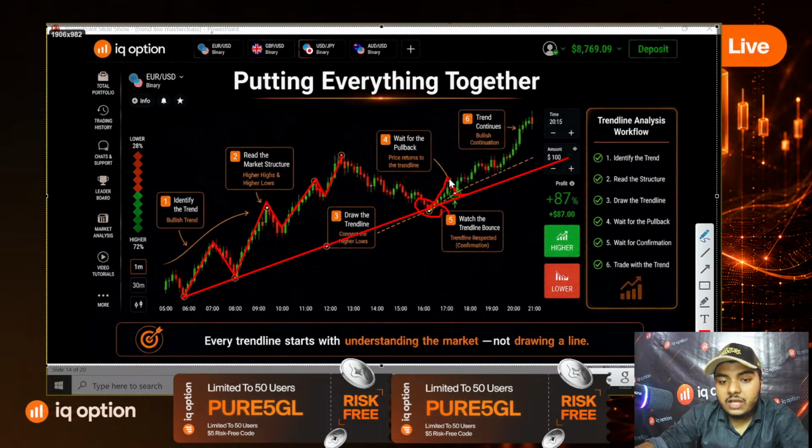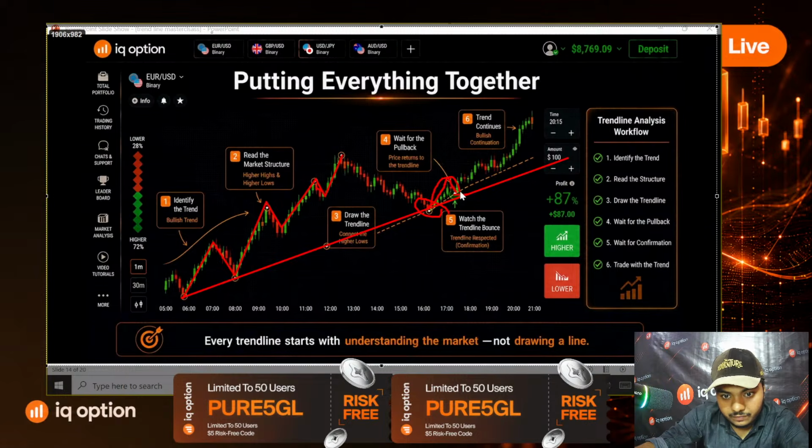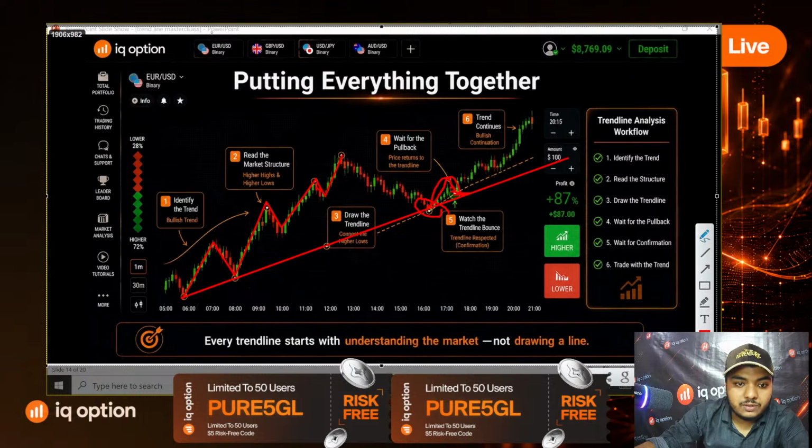It will be more confirmed that the price is giving us a retest after a breakout. If you always try to execute a trade on your pullback, this area is also a pullback, but you are getting an extra confirmation here that makes your trade 10 times more accurate.